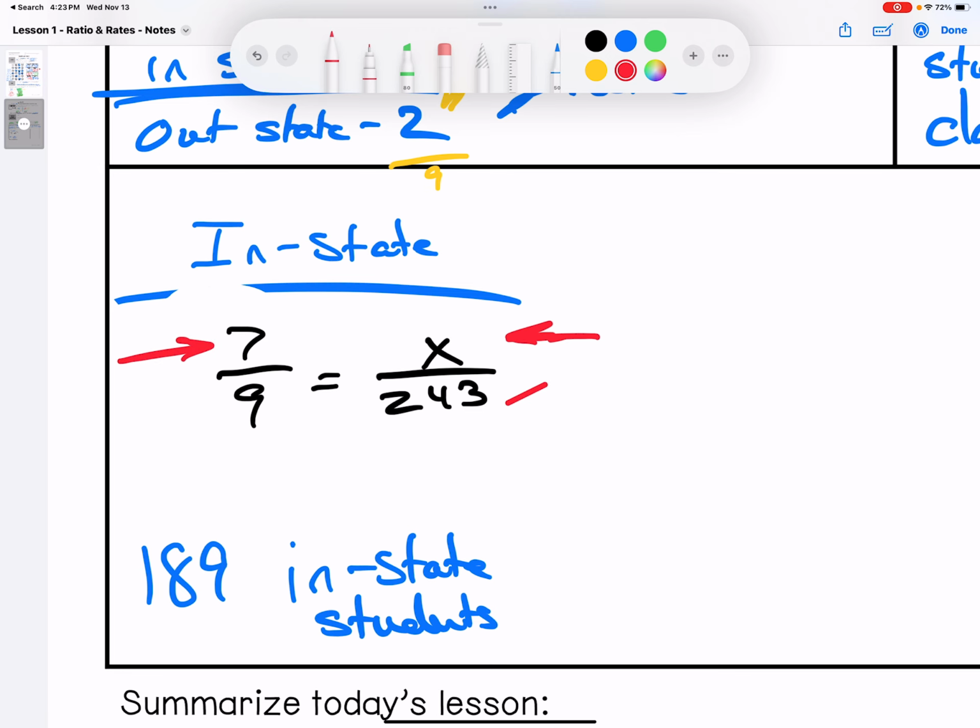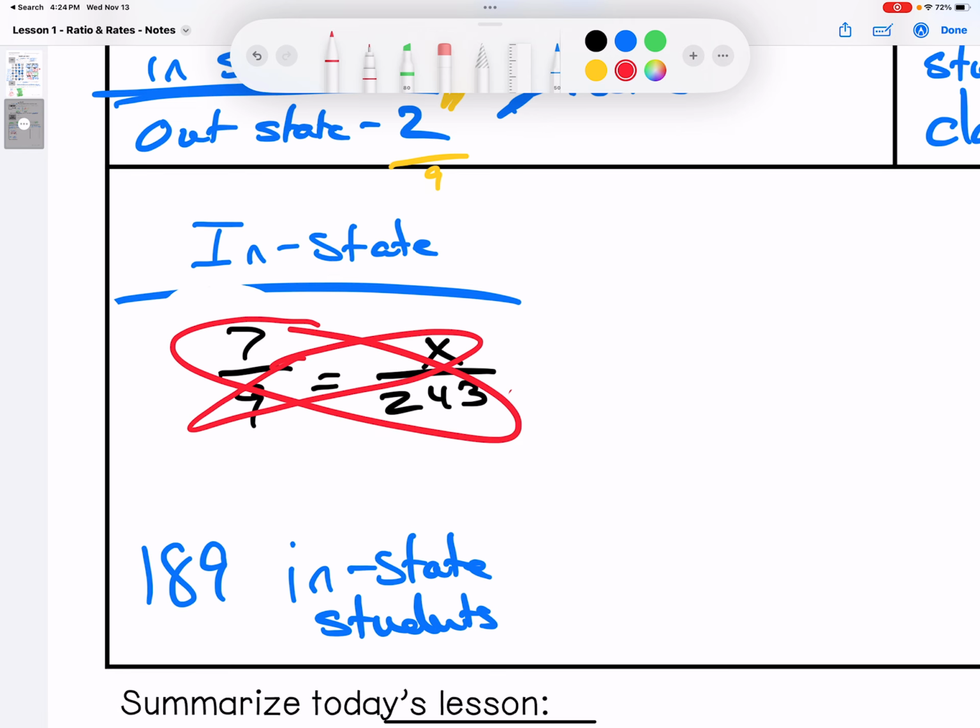The bottom represents total. So they are representing the same thing. So we can compare those by using an equal sign. And when we do that, we can do this thing called the butterfly, which you've probably heard before. That's where you multiply those two, and then you multiply those two just like I showed you. So let's go do out-of-state.